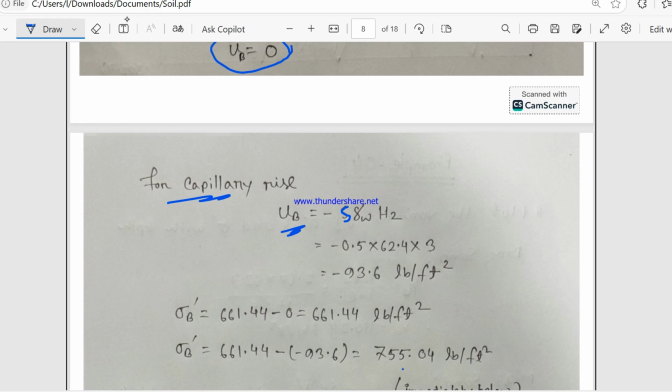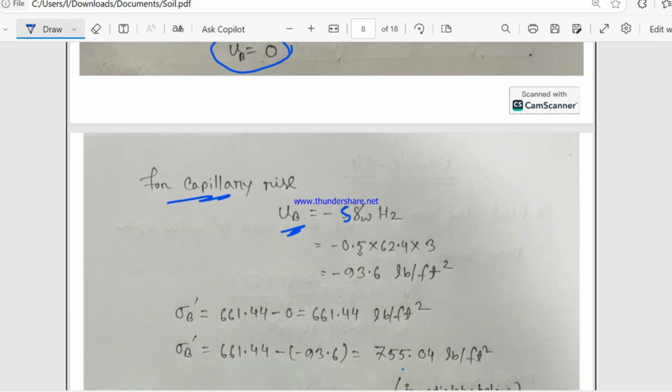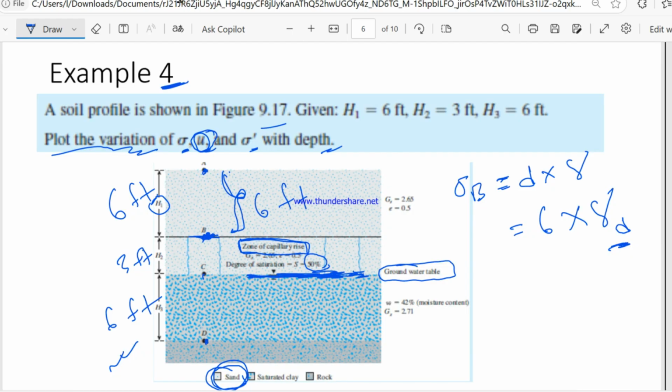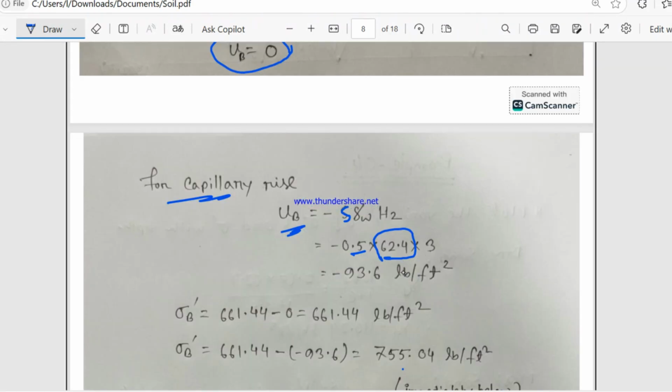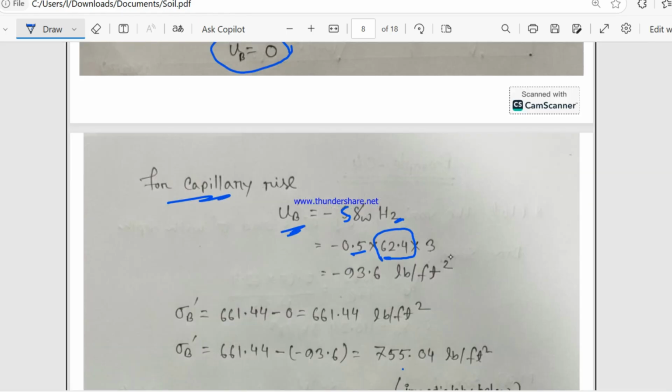Here saturation is 50%, so 0.5, and the water unit weight is a fixed value for feet units, 62.4, and H2 is 3 feet.